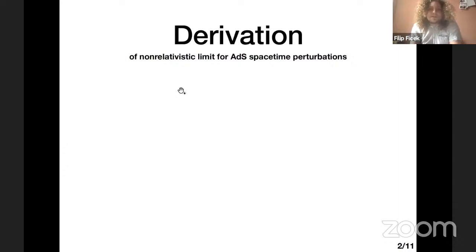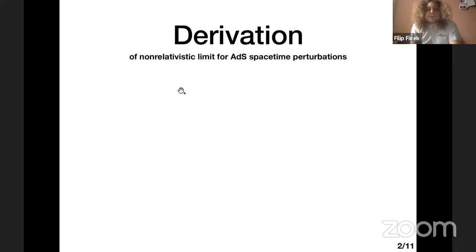So to give some motivation, one of the most important problems of modern mathematical relativity is anti-de Sitter spacetime stability. There is a lot of numerical evidence connected to this problem, but not so many proofs or analytic results.